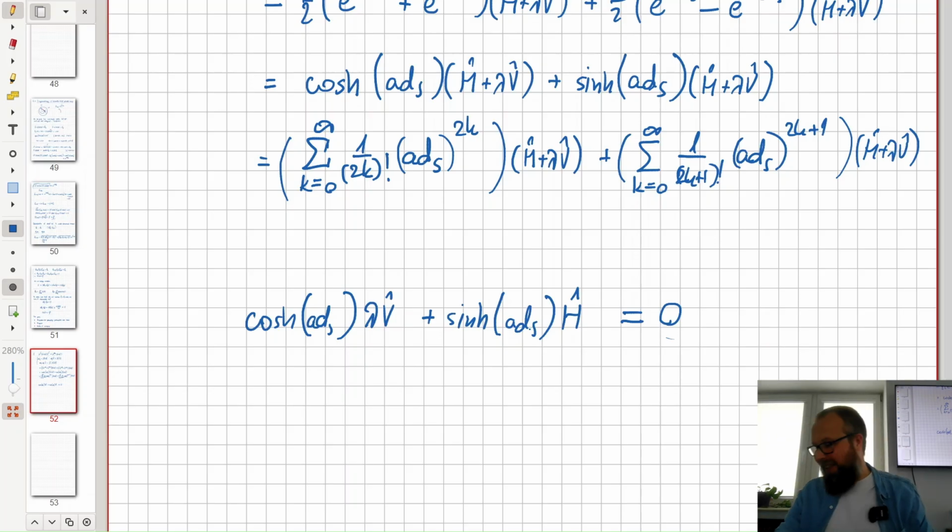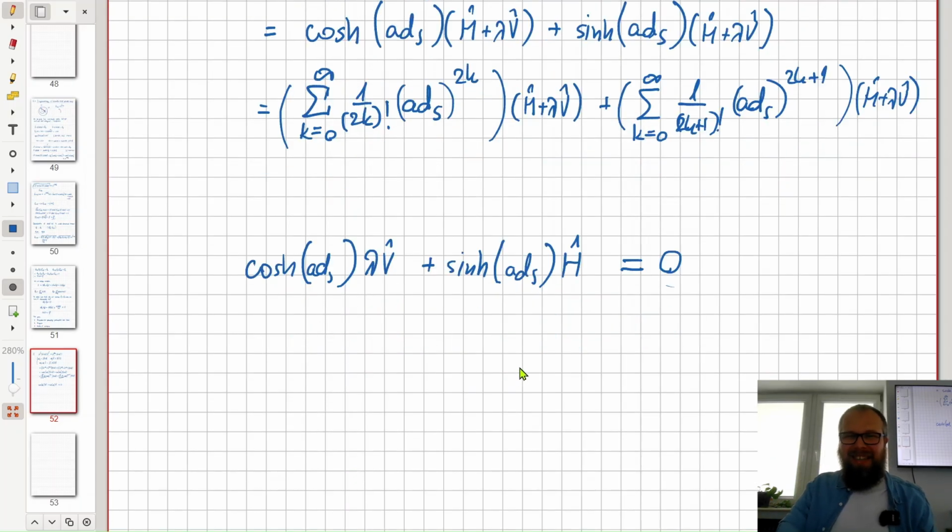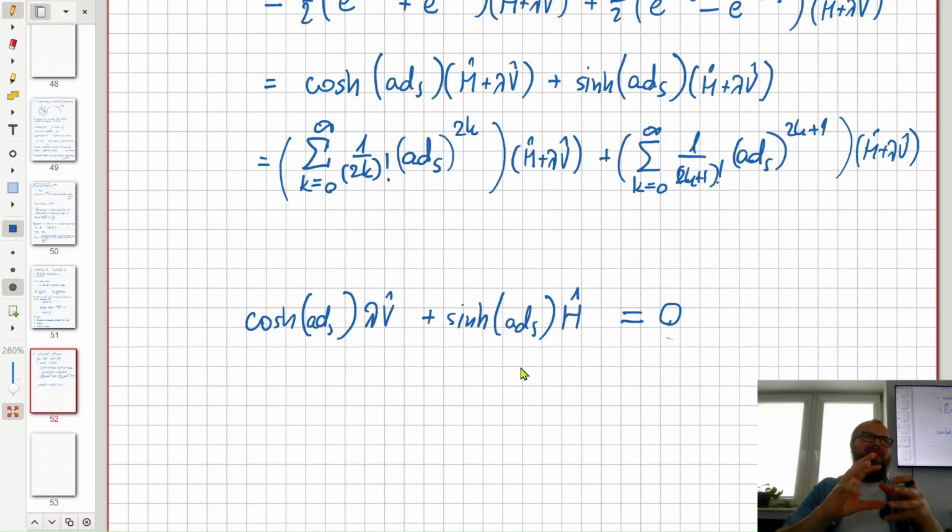So they are saying, since we are looking for an S that's analytical, this equation has to be satisfied by S, but also by an infinitesimally small S. If we assume that the adjoint of S is infinitesimally small, then the sinh can be inverted.